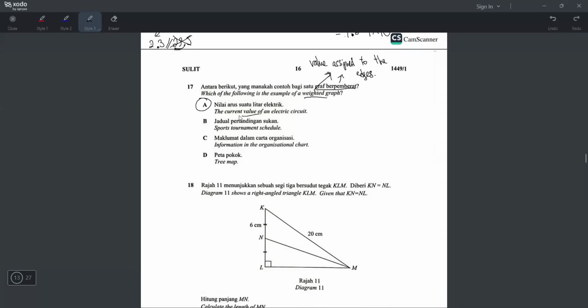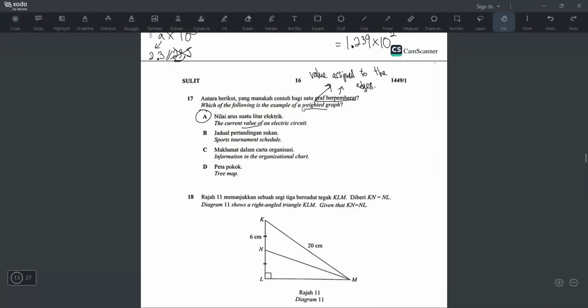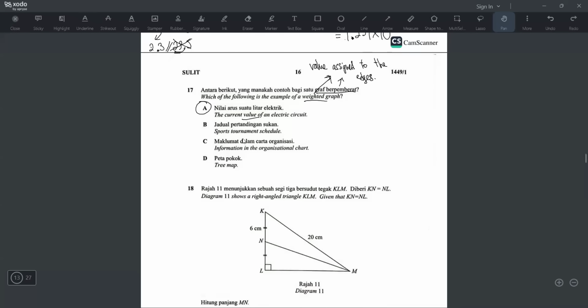So when you have a current value on the electric circuit, that means you have a value assigned to the edge. So this one, sports tournament schedule, no. Usually there's nothing on the edge, on the line for the schedule. Information organizational chart, no. Tree map, no. So the only answer that makes sense here is A, right? Because it's weighted lah. Weighted graph dia mesti ada satu value dekat dia punya edge.